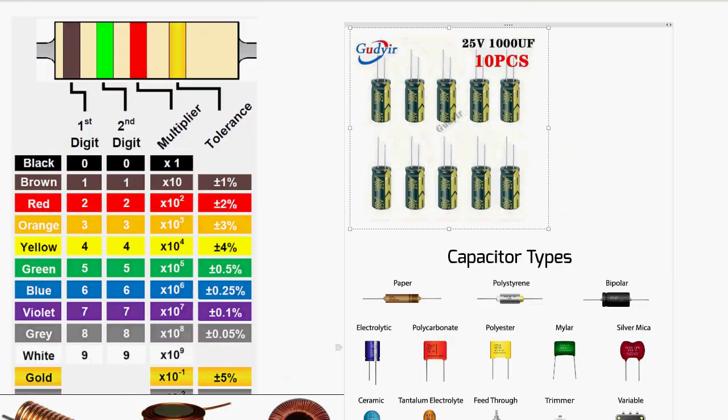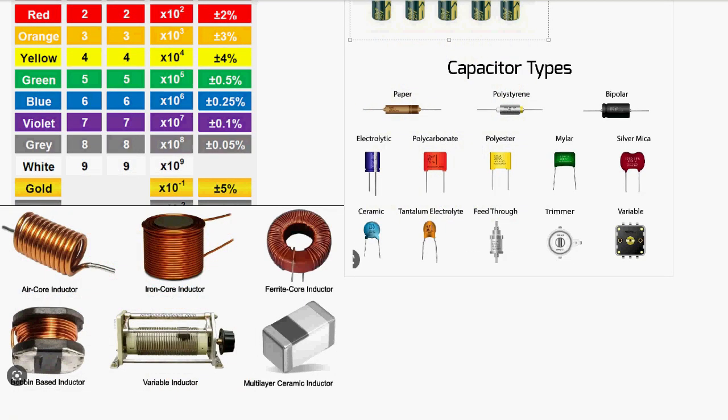And inductance, there's a coil. The inductance depends on how many turns, and the length of the coil is going to determine it, and the material inside, like in the physics you learn, the magnetic material inside holds more magnetic flux.